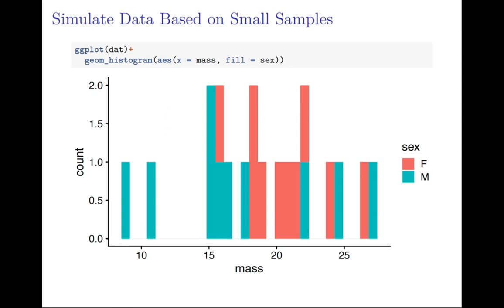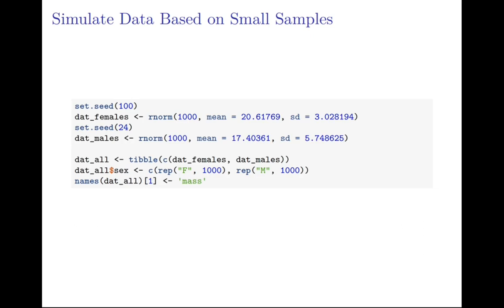And that looks like this. So here you have a histogram of the data that we have, right? Very small sample size, but you may want to know, if that data was representative of an entire population, what would that look like? Because these distributions are pretty small. So you could sample from a normal distribution, assuming mass is normal.